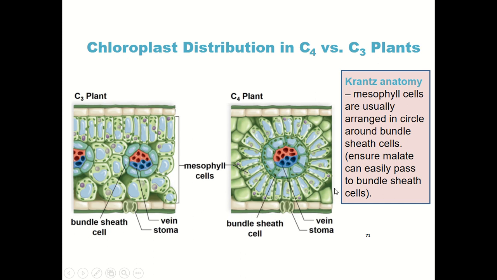Therefore, C4 plants have Kranz anatomy, in which the mesophyll cells are usually arranged in a circle around a bundle of sheath cells to ensure that the product of carbon fixation in C4 plants, which is the malate, can easily pass to bundle sheath cells to undergo the Calvin cycle.